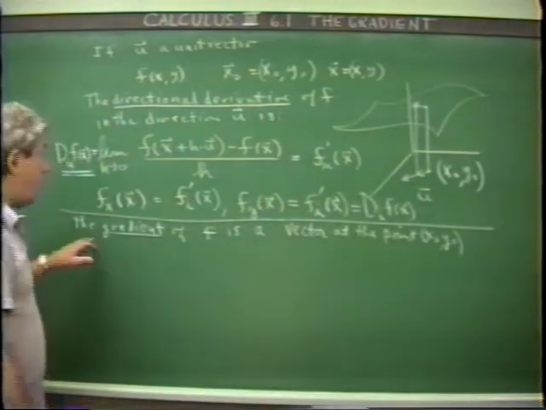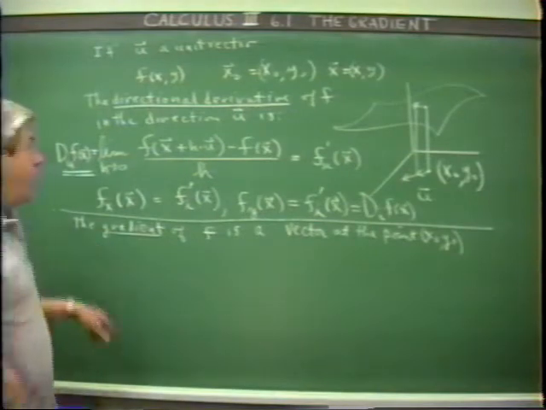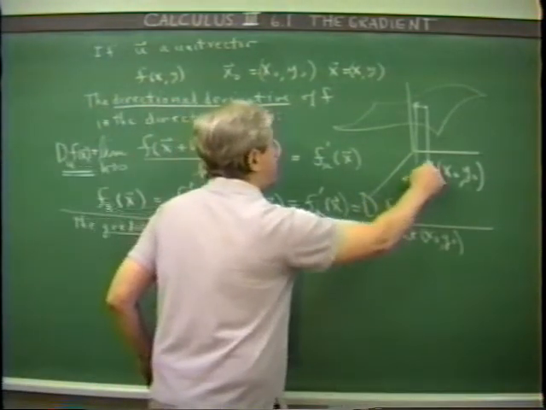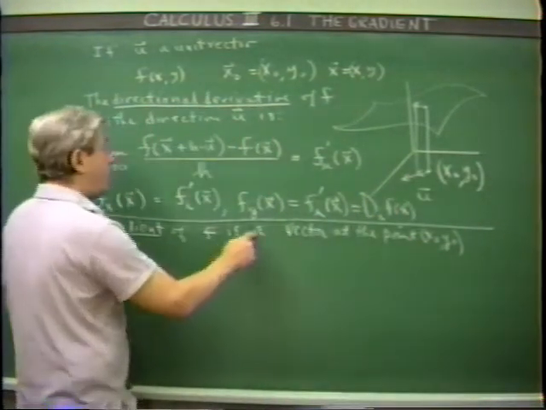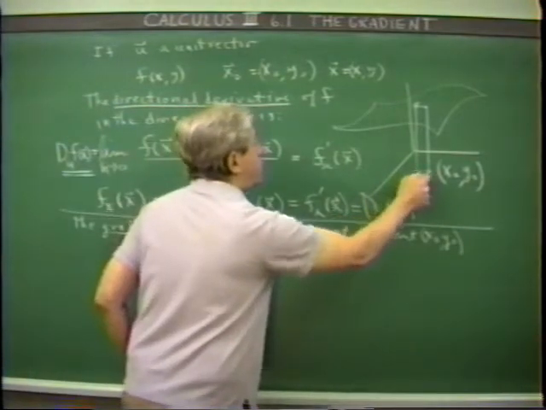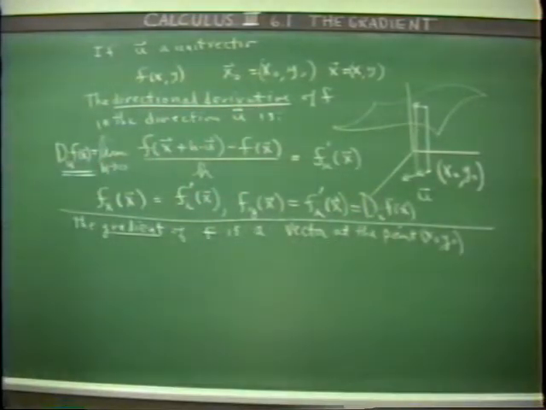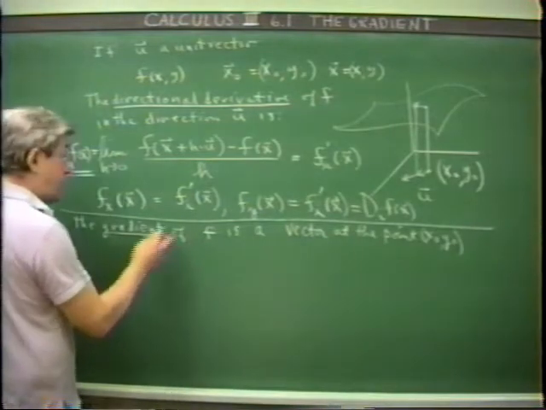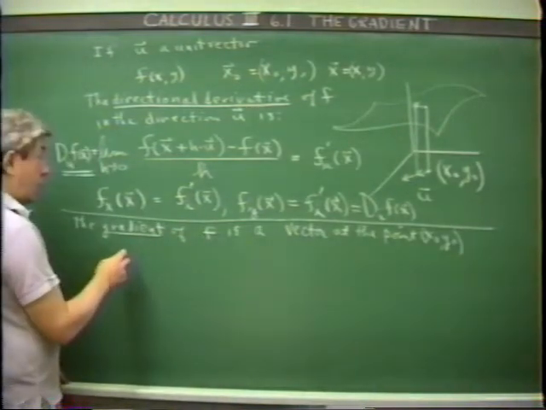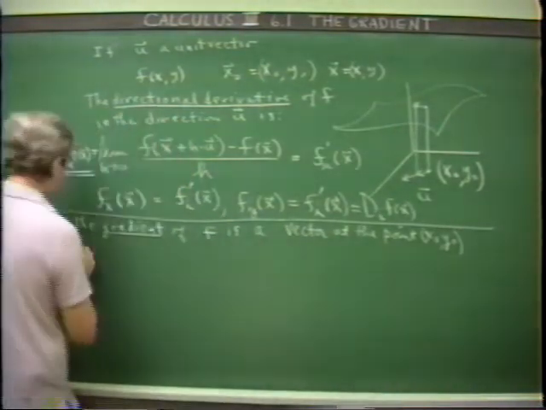Consequently, if we look at various points x naught, y naught, it's a function which assigns a vector to each point x naught, y naught, if there is such a thing. The gradient is a vector, if there is one.